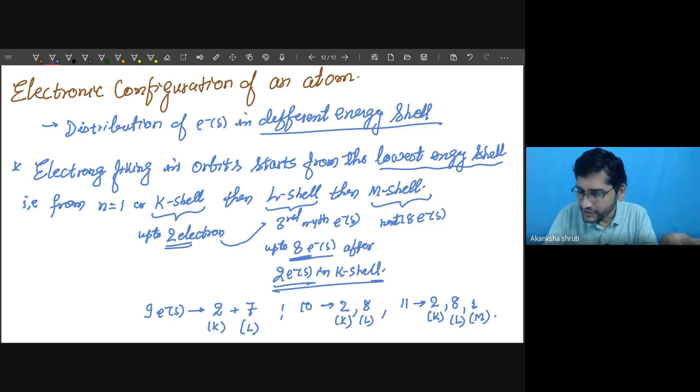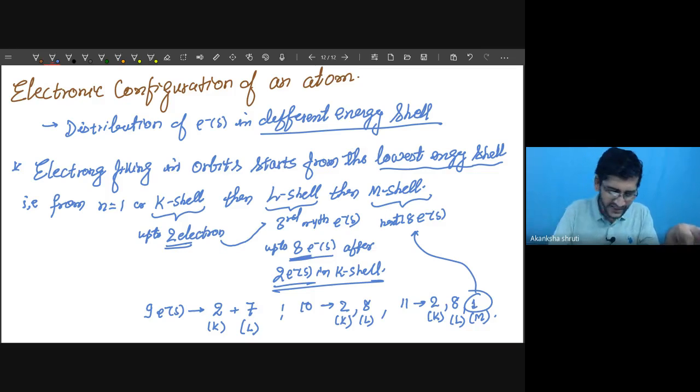Are you getting it? It is not starting from 0 to 18. After giving 2 to K, the next 8 to L means 10 is over. After that 10, whatever the 11th is, it is going to your M shell. Are you getting it? This way the distribution will continue. So which shell will contain how many electrons? For that, this second rule is given. So let us go for that one.